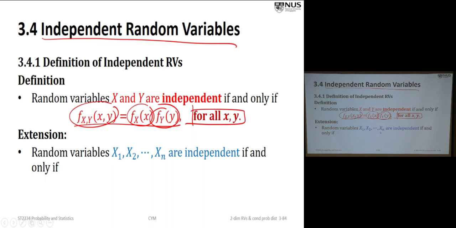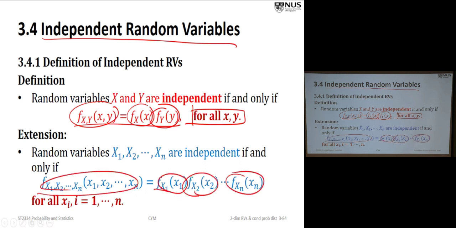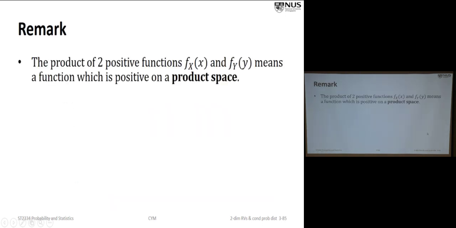So these n random variables are considered as independent if the joint distribution is equal to the product of the marginals at each of these values, for any x1 value, any x2 value. All right. So that's the definition of independent random variables.